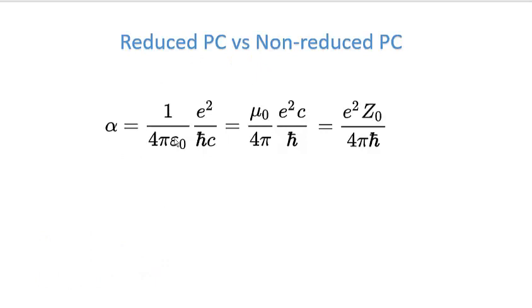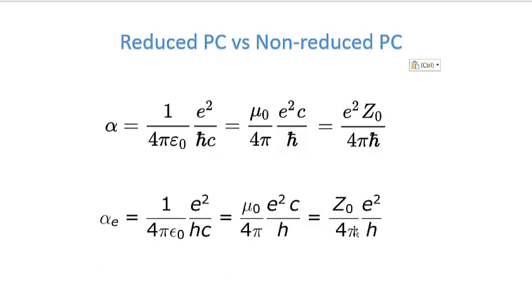So here are these three terms written in terms of reduced Planck's constant, and now I'm going to write them in terms of non-reduced Planck's constant, and I'm going to give this constant a different label, because this is going to have a different output.